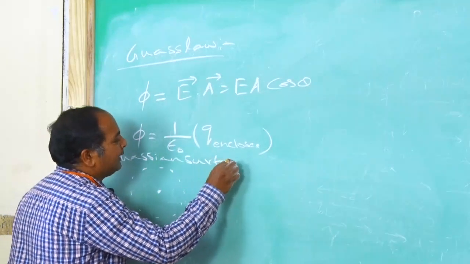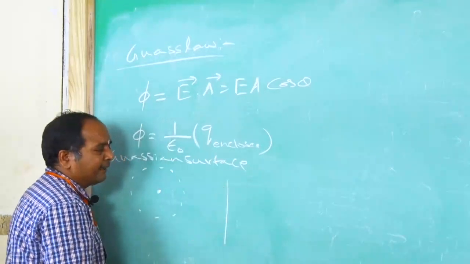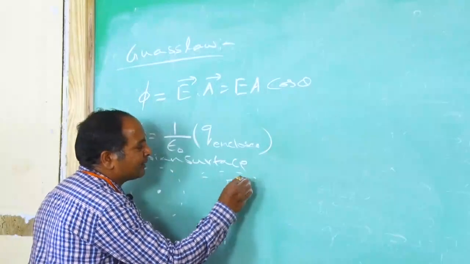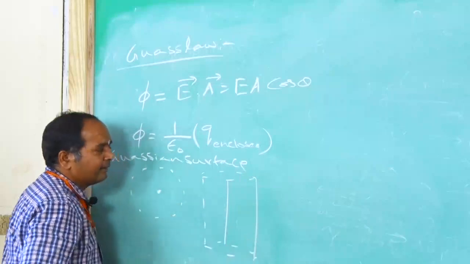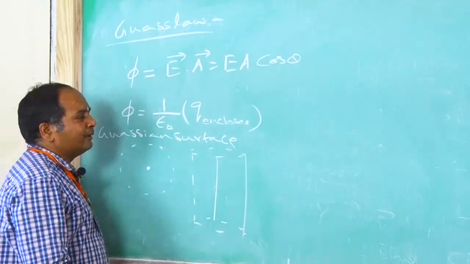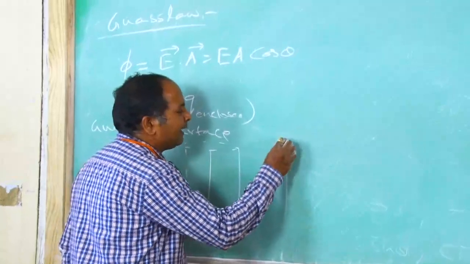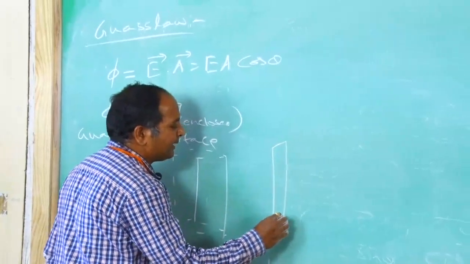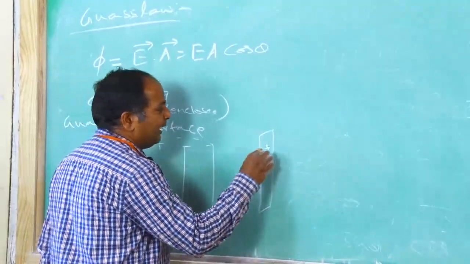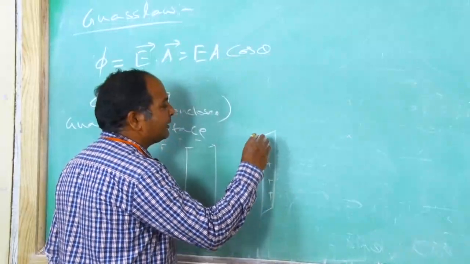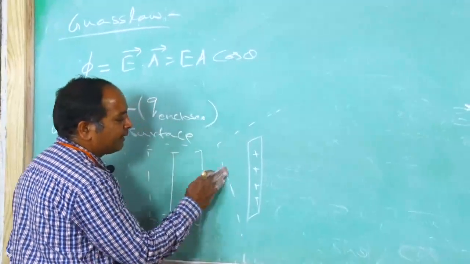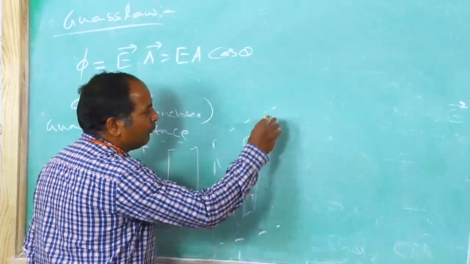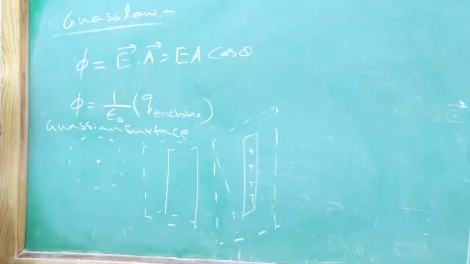Similarly, suppose if any one wire is there, you may create the Gaussian surface like cylinder. Suppose here any one area of the plate is there like this, then you may create the Gaussian surface simply by extending that one.